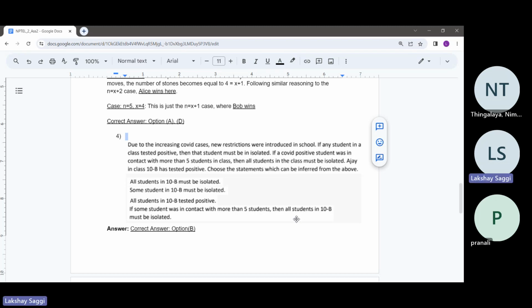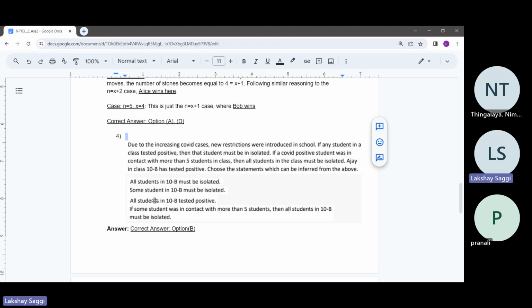So what we want to ensure is that there should exist at least one student who was in contact with more than 5 students, and then all the students must be isolated, right? But that some student can be anyone. It can be Rajiv, it can be Ajay, it can be any student. It need not be Ajay exactly. Same way in option B, it need not be Ajay who must be isolated. There can be more students also, but we know for sure that at least Ajay is isolated.